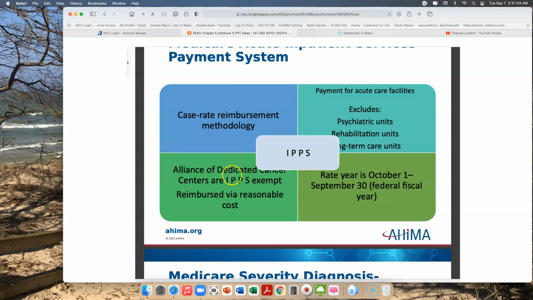And cancer centers, Alliance of Dedicated Cancer Centers, are also IPPS exempt. Those are reimbursed via reasonable cost. But if they're not inpatient psych, inpatient rehab, or an acute long-term care unit, then they have to do IPPS.